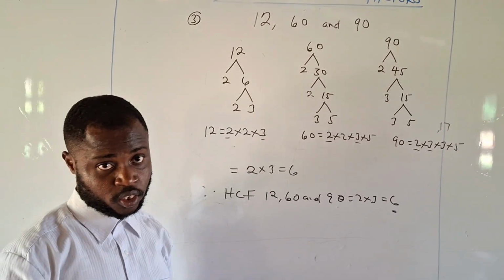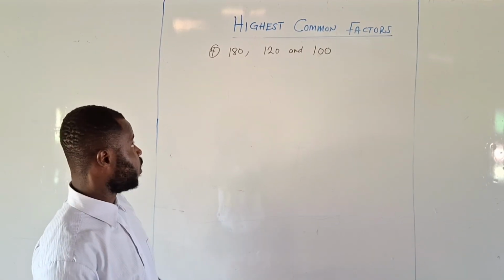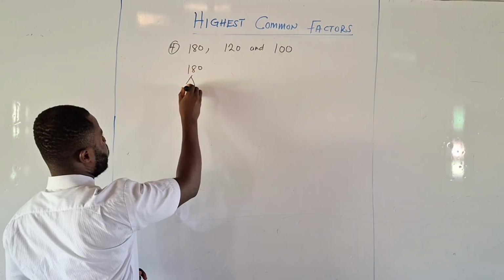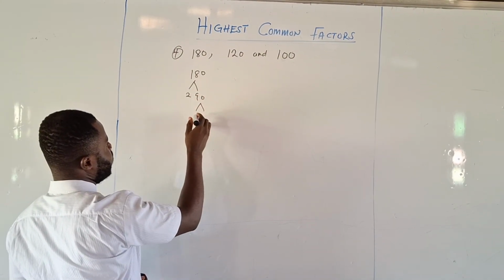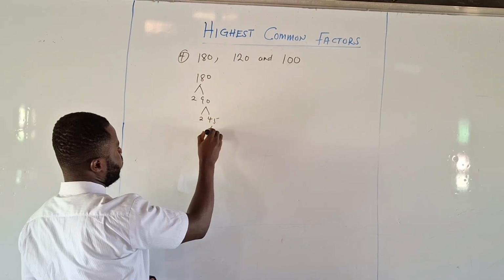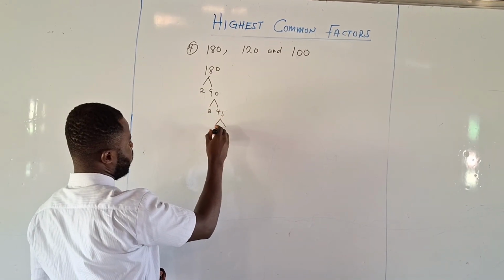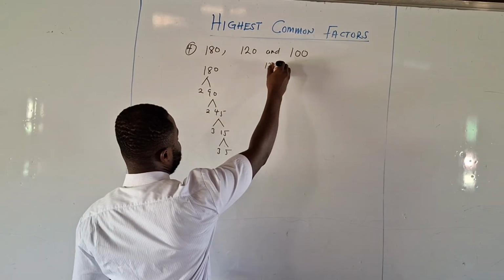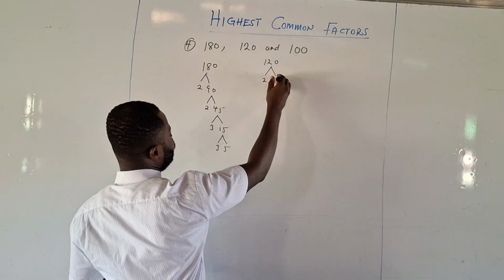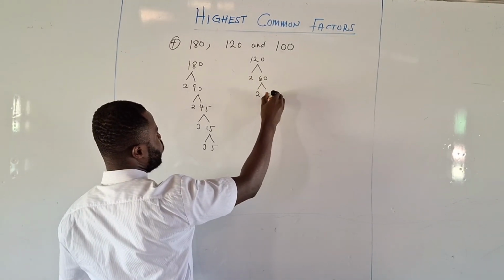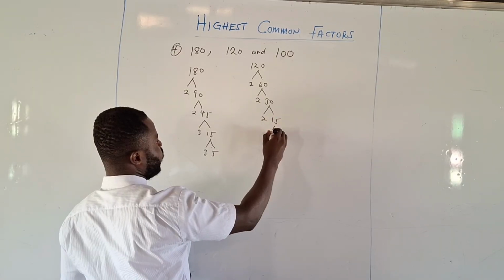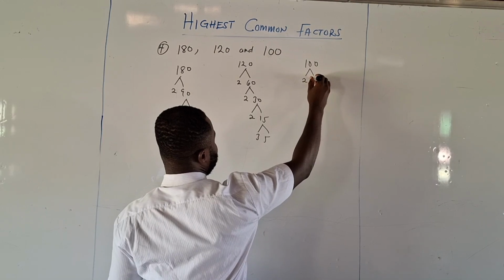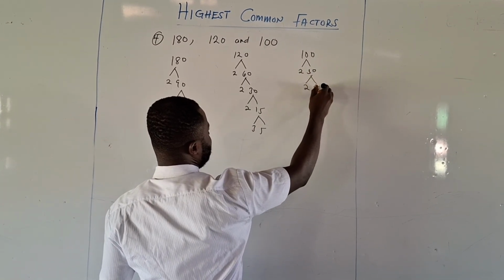Let's take the last question on HCF. So here we have 180, 120, and 100. For 180, we can use 2 and 90. We can use 2, 45. Then 2 cannot work here. We use 3, 15, 3, and 5. We have 120, 2, 60, 2, 30, 2, 15, then we have 3 and 5. 100, 2 and 50, 2 and 25.